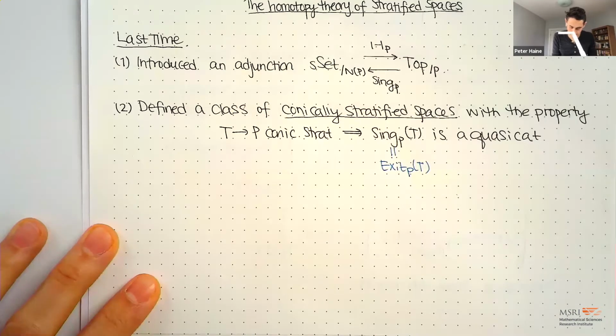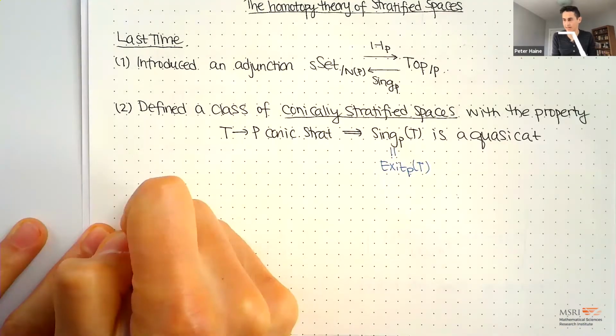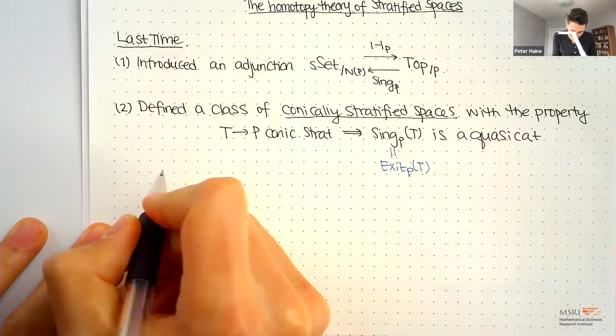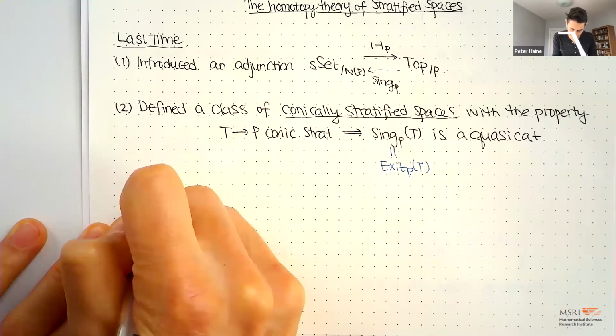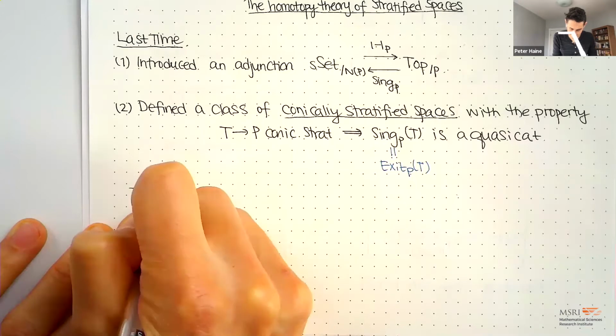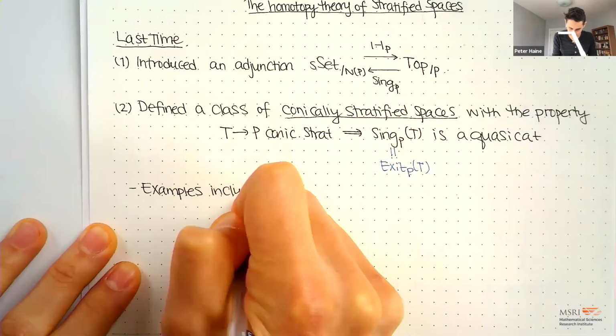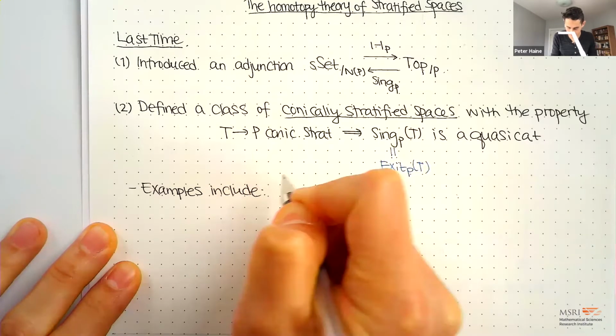And so some examples of these conically stratified spaces include what are called topologically stratified spaces.